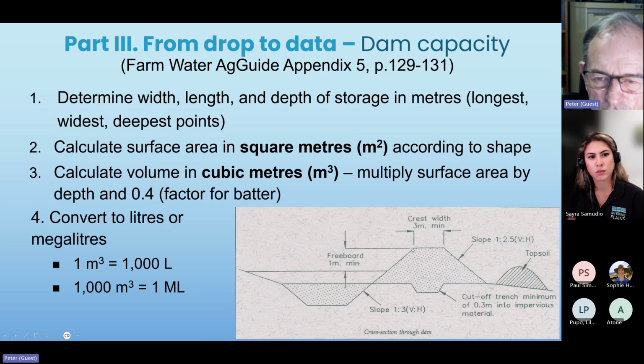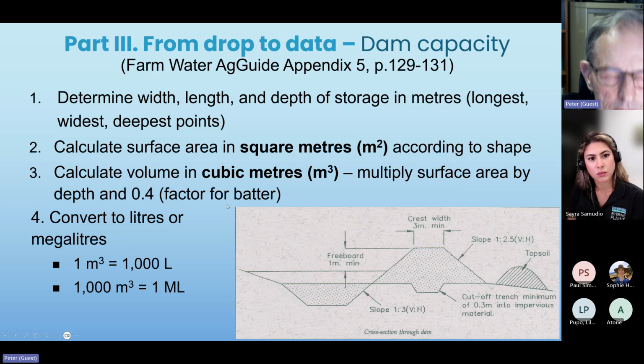And because it's not a straight edge, if it was a straight edge, we wouldn't have to allow a factor, but because it's not a straight edge, then all this area here where there's earth is not holding water. So we have to multiply by this factor of 0.4 to get a realistic figure of the volume.